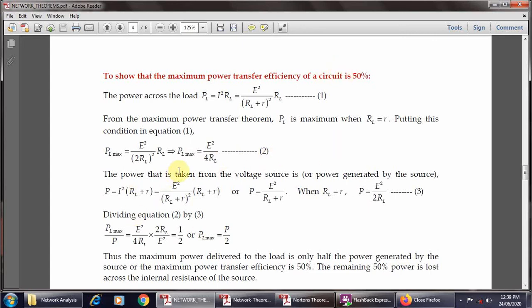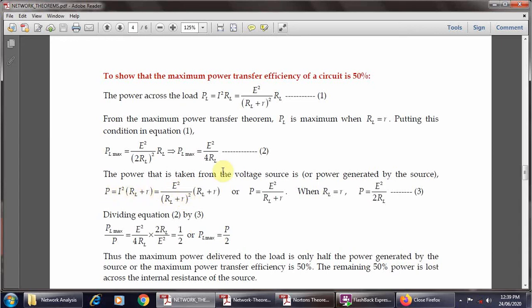Then the power taken from the voltage source, or power generated by the source, is given by P, which is equal to I square into RL plus R, where I is equal to E upon RL plus R, because these two resistances are connected in series.